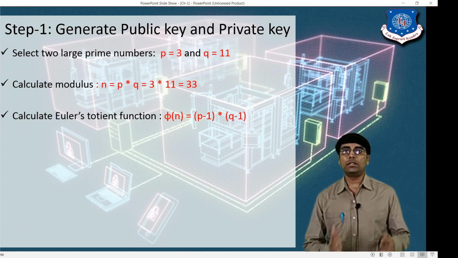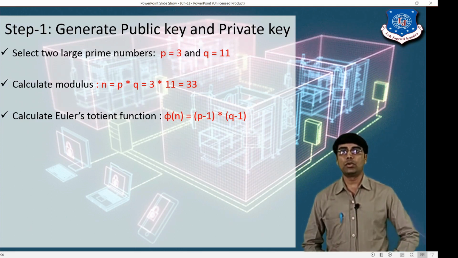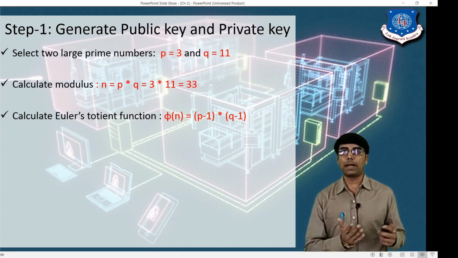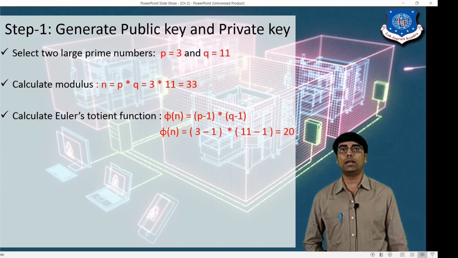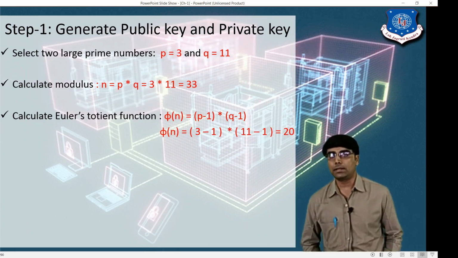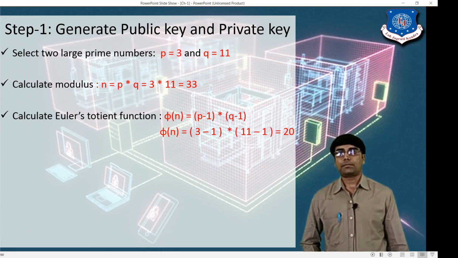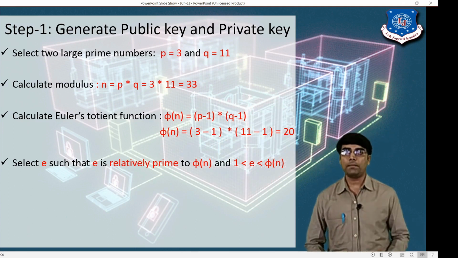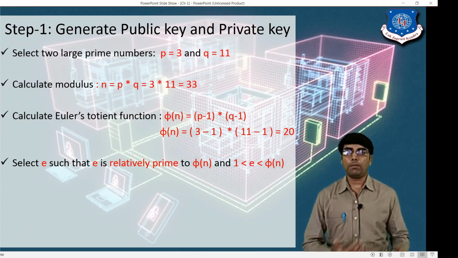Now calculate Euler's totient function, so you have to find phi of n. The equation is phi of n equals (P minus 1) multiply (Q minus 1). So (3 minus 1) multiply (11 minus 1), you will get 20. Now select e such that e is relatively prime to phi of n, and e should be between 1 and phi of n.